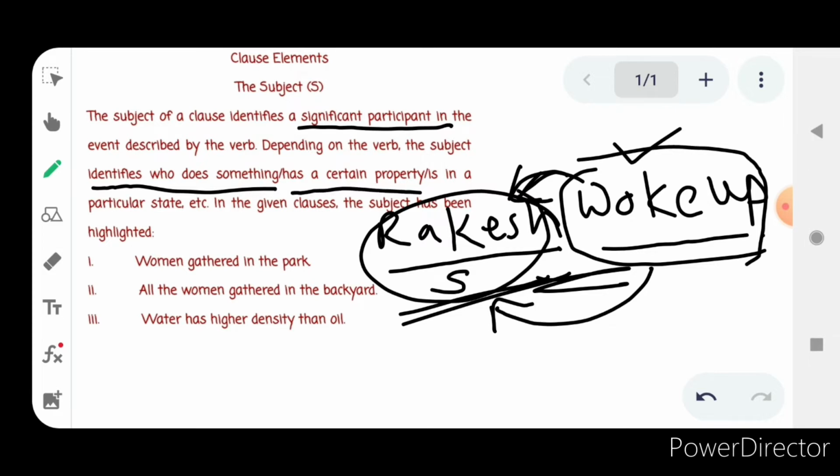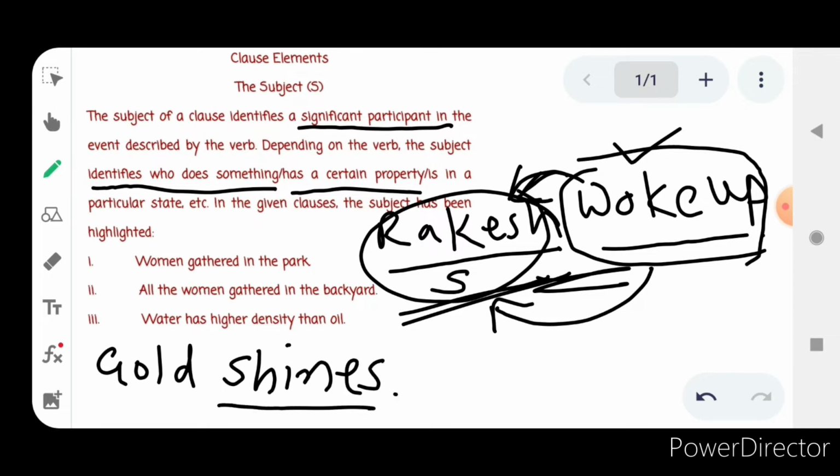Who has a certain property means, for example, gold shines. This is the property of gold. The shining is the property of the gold.